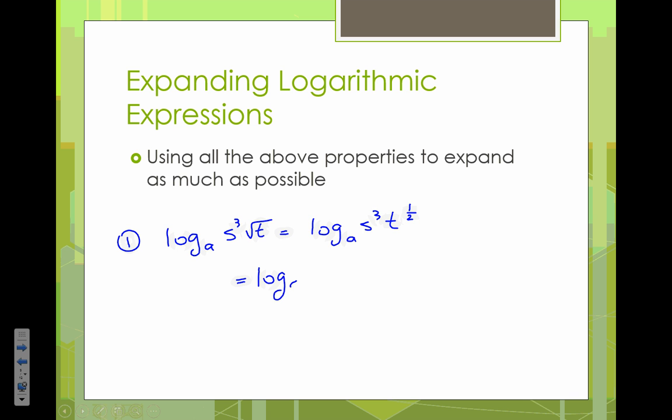So that gives me the log base a of s cubed plus the log base a of t to the 1/2. And now I can use my power rule and take those exponents out front. So I've got 3 times log base a of s plus 1/2 log base a of t.